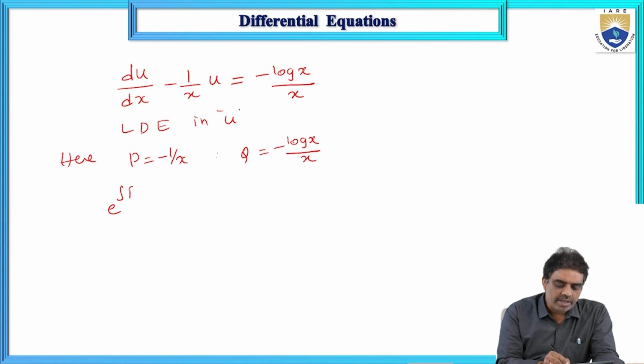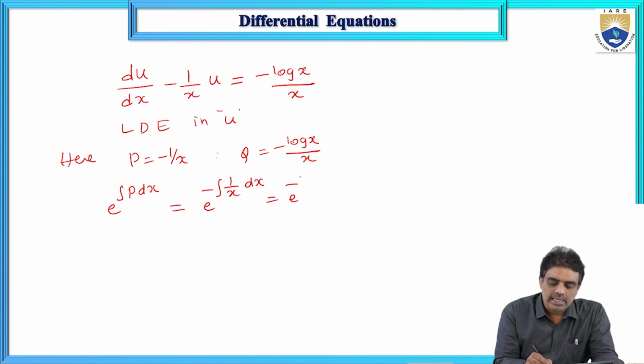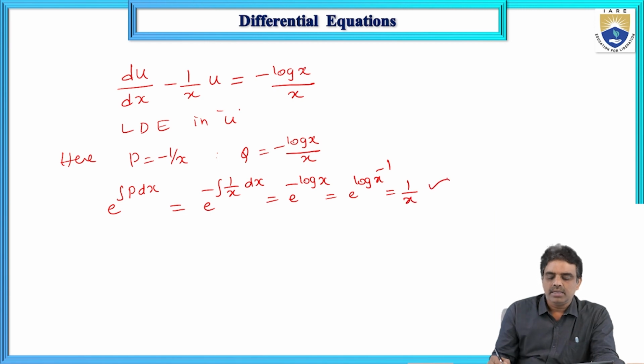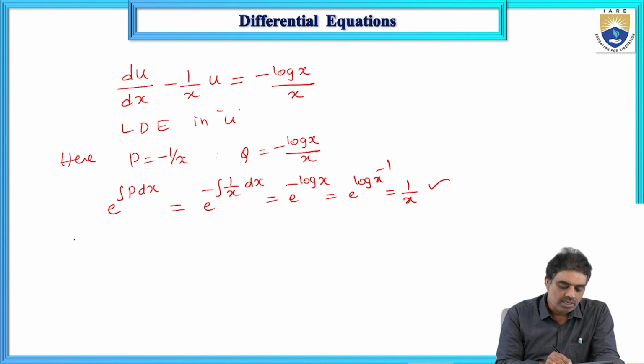And what is our requirement? e power integral p dx. That is e power minus integral 1 by x dx, that is e power minus log x, that is e power log x power minus 1, that is 1 by x, is the integrating factor, or this is the part of the solution.